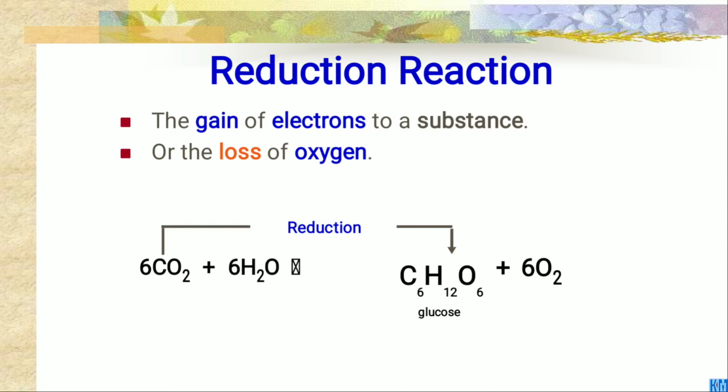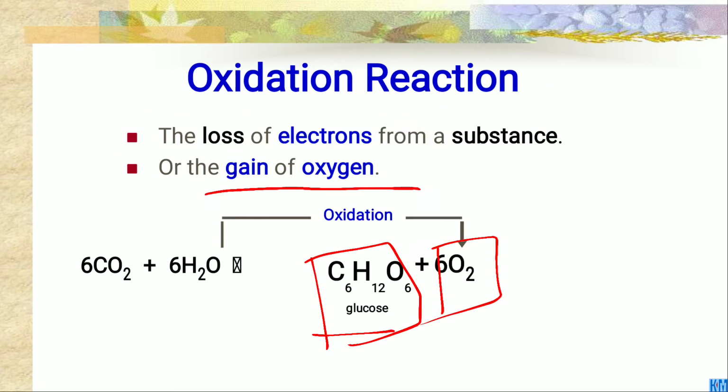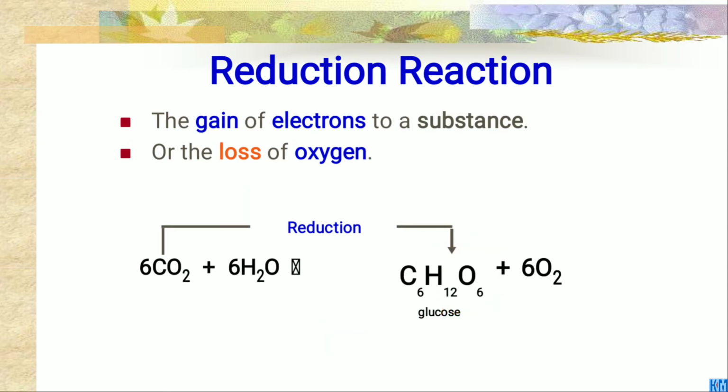In the reduction reaction the oxygen is lost, and in oxidation the oxygen is gained or absorbed. When electrons are lost it is the oxidation reaction, and in reduction the electrons are gained, and the loss of oxygen is called the reduction reaction.